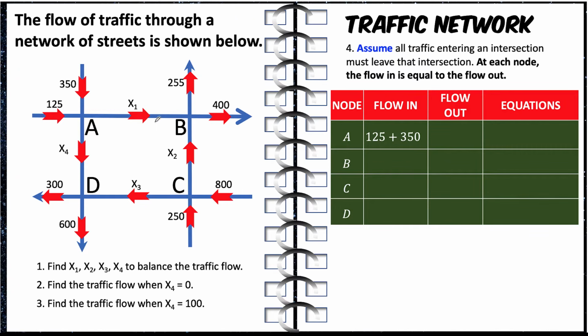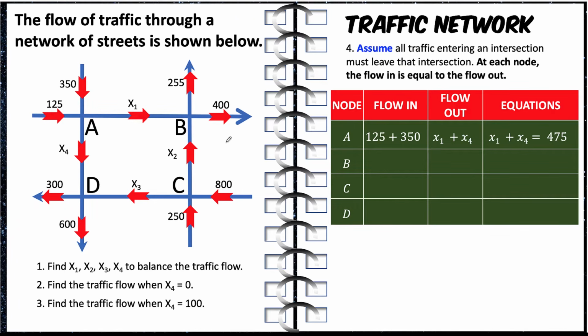And the flow out would be this x1 and this x4. So we have x1 plus x4. And for the equation, we equate the flow in and the flow out. So we have x1 plus x4, which is the flow out, equals the sum of 125 plus 350 equals 475, which is the flow of traffic into the node.